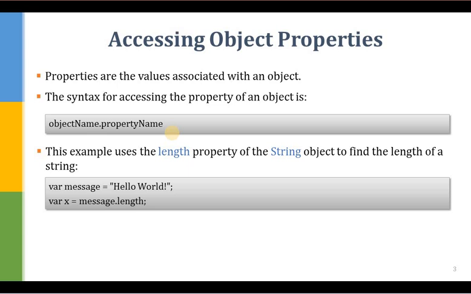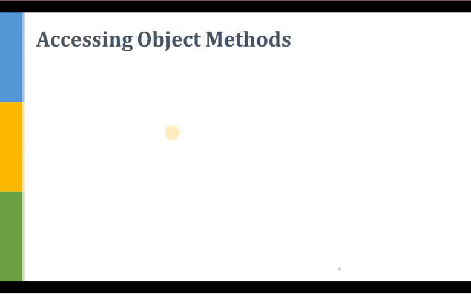That's why it is also a string object. You are accessing the length property of the string object. The value of x after execution of the above code will be 12, because Hello World and the exclamation sign with one space make 12.